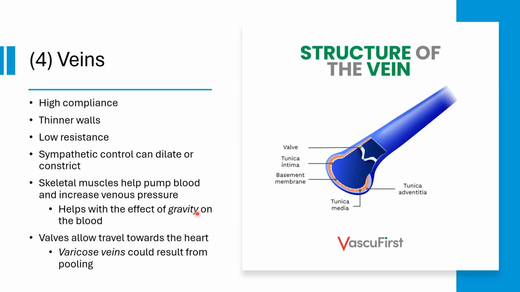And so instead of the arterial blood, which is moving with gravity away from the heart, venous blood is moving against gravity. And so the skeletal muscles that surround the outside of these veins oftentimes will squeeze the walls, tiny squeezes that will pump it through.